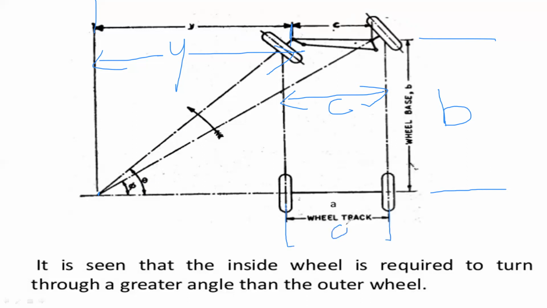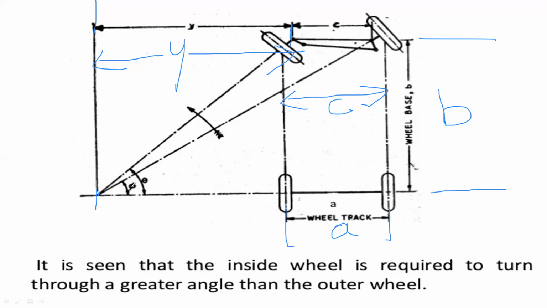So if I want to maintain a perfect angle, I should calculate theta and phi. I will find out theta and phi, and we can calculate them. I can get a perfect angle of this steering system.